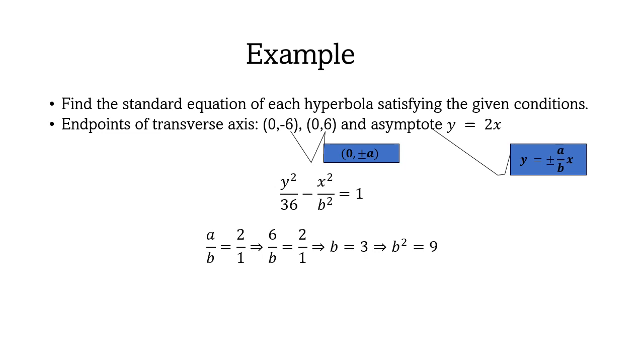So we're going to use proportion. So we found that b equal 3, therefore b squared equal 9. And that's the equation also of my hyperbola. Keep in mind the center is the origin, and this is the indication why the center is the origin.